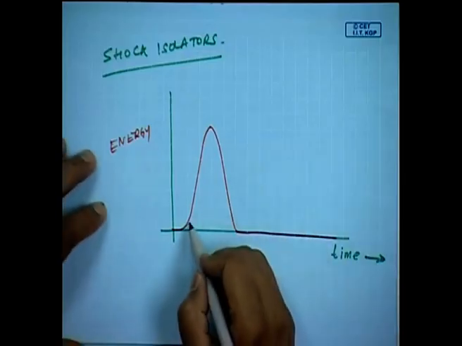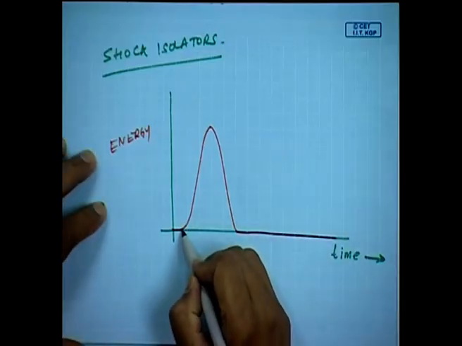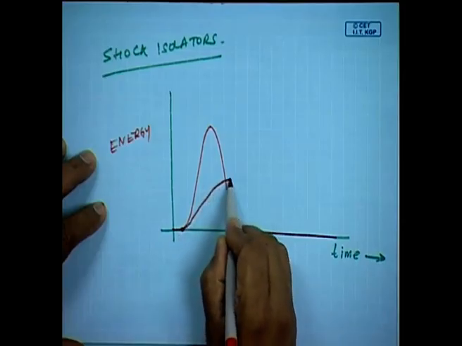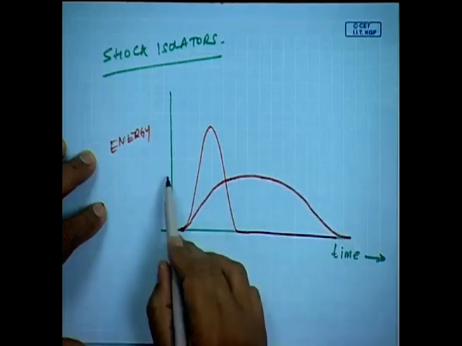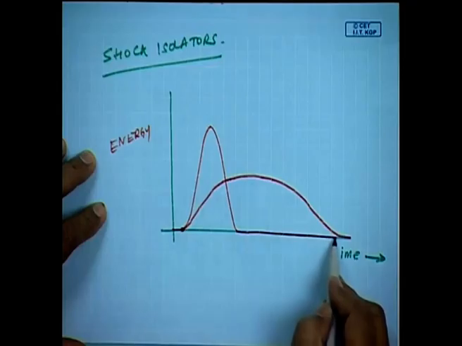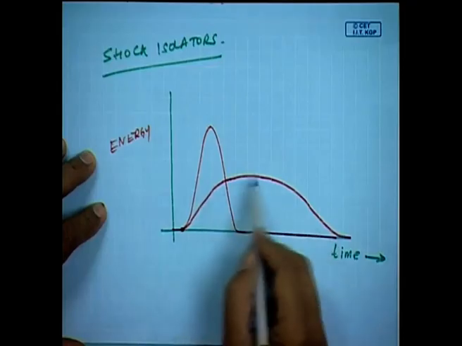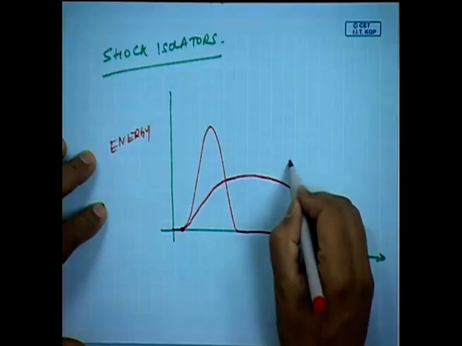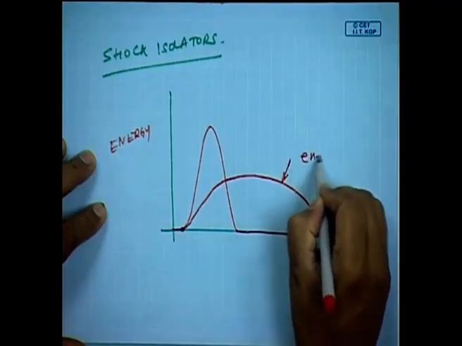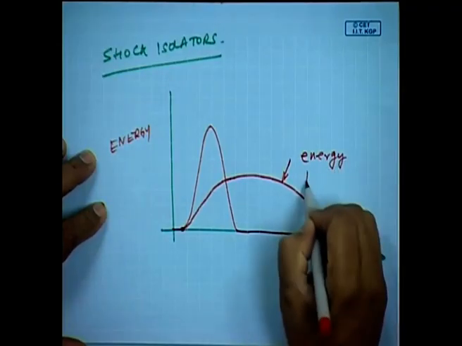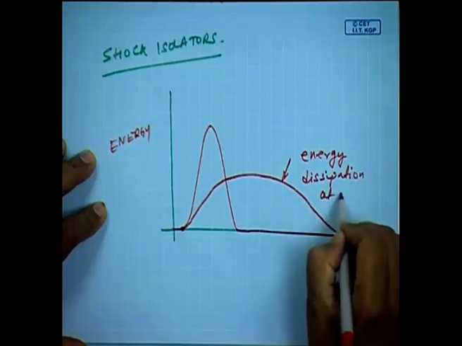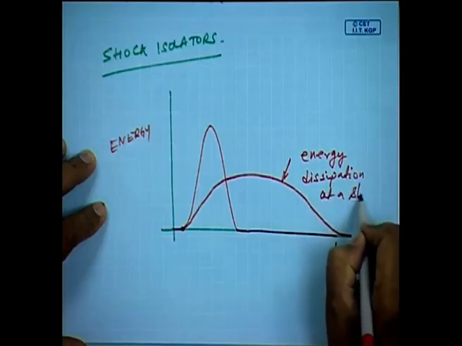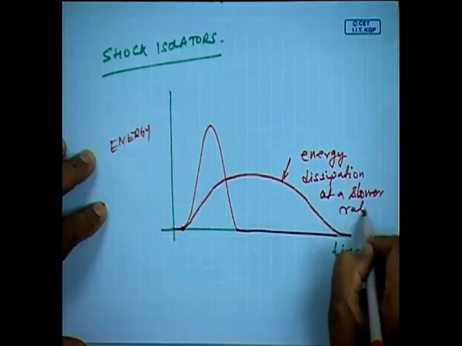So, in shock isolation, what we do through this isolator is try to take in all that energy, and it is the same energy, but dissipate it at a lower amplitude with a longer time. So, the area of these two curves should be the same. So, energy dissipation at a slower rate.